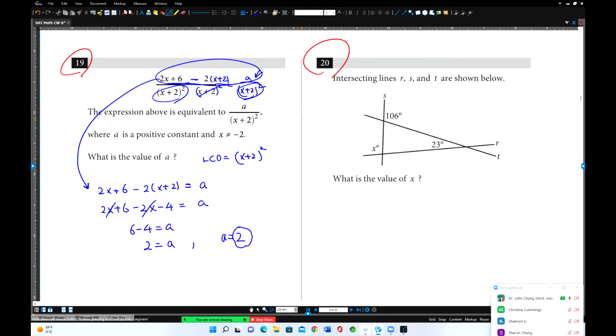Intersecting lines R, S, T, yes, they are intersecting. So we're going to find the value of x over here, which is outside, kind of an exterior angle.